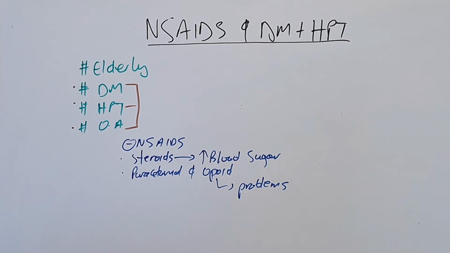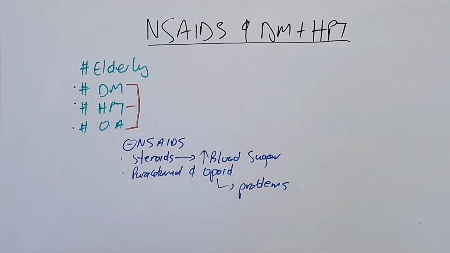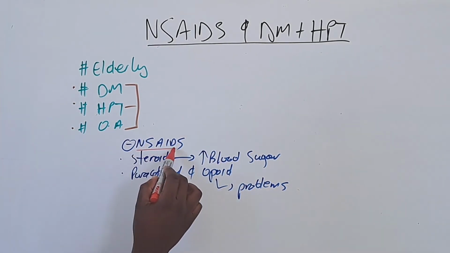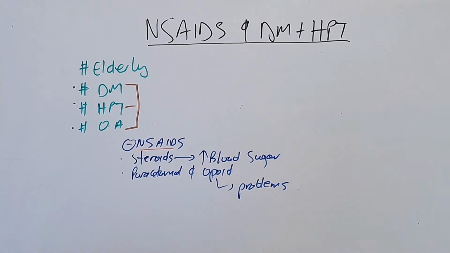So it becomes very difficult because they will keep coming and complaining with pain, and these drugs are very potent in terms of controlling pain. But in this setting, you don't want to use them.